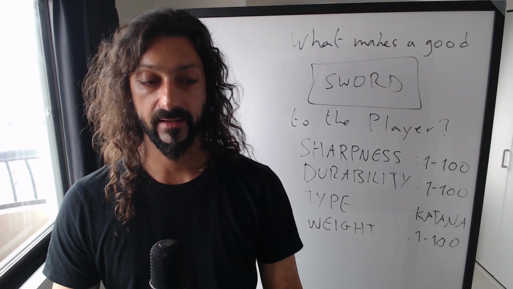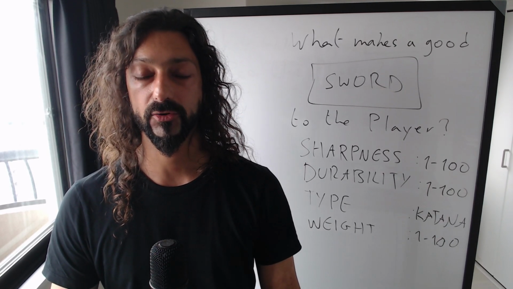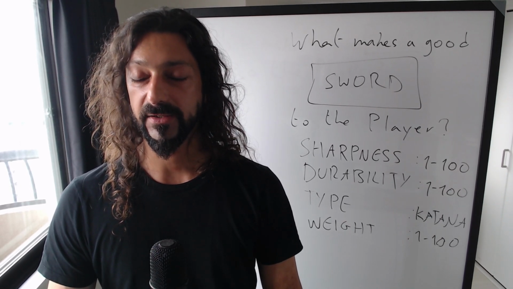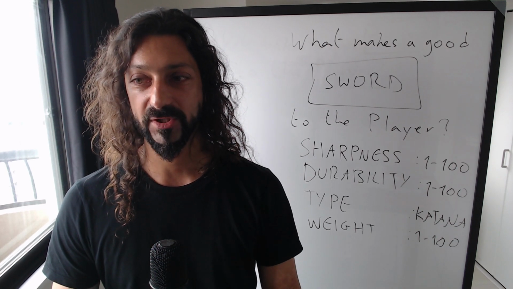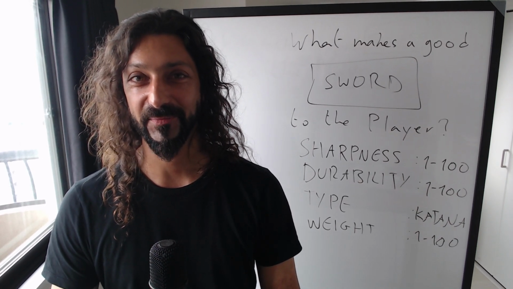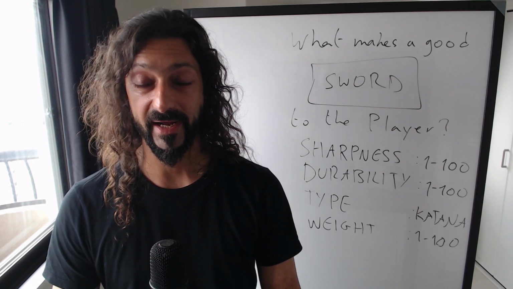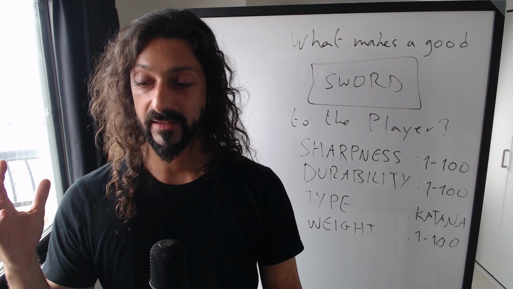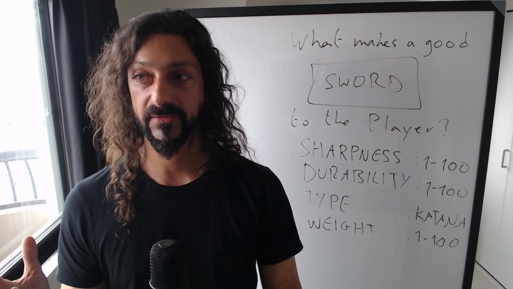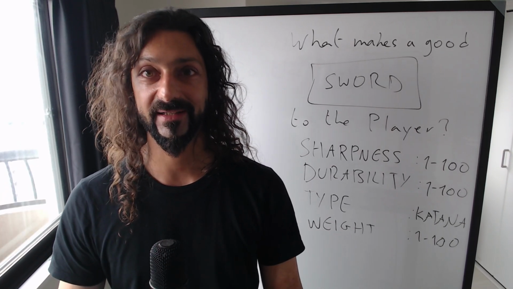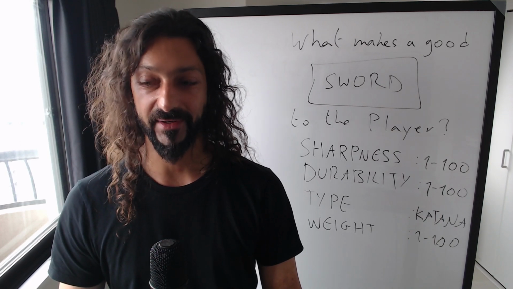And simply, when we try to think of what parameters we need for this item, it is very tempting to just copy other games. So hear me out on this one. When we say, especially swords, since they're a super common item, when we start thinking about their parameters, it's very normal to say, okay, attack power, speed, all the things that we've seen in other games.